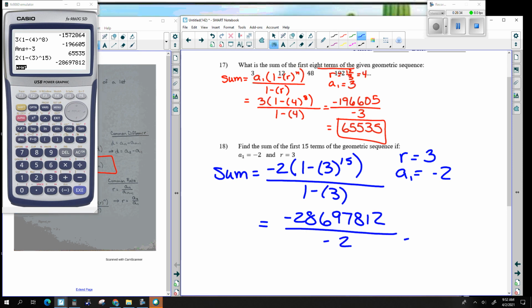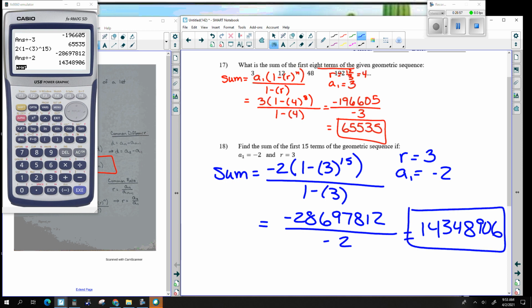Divided by -2, and the winner is 14 million something, 14,348,906. Boom. That's it, kids.